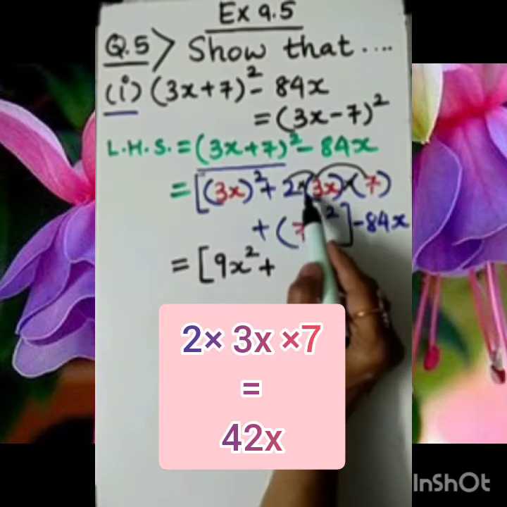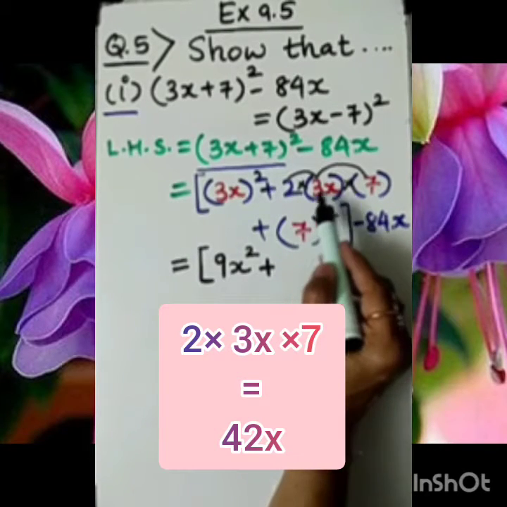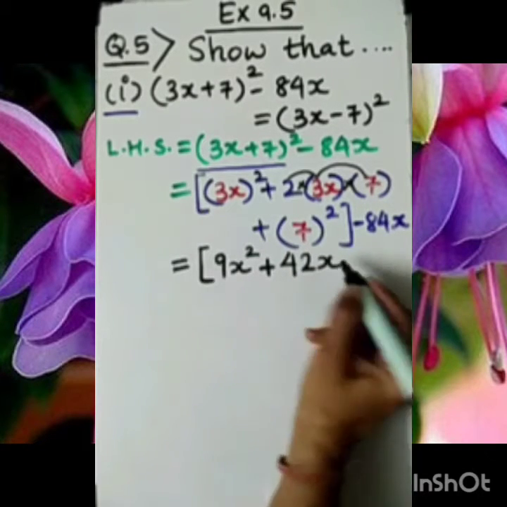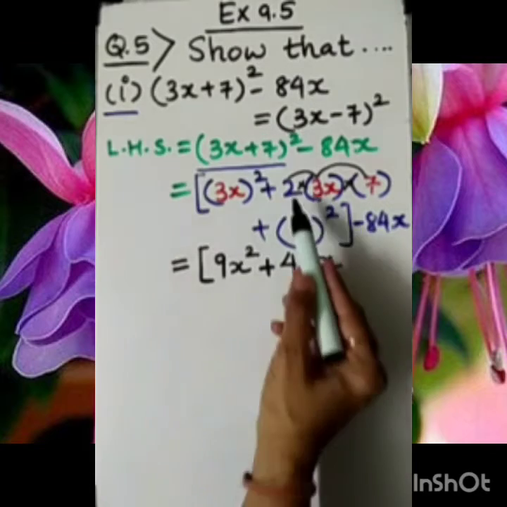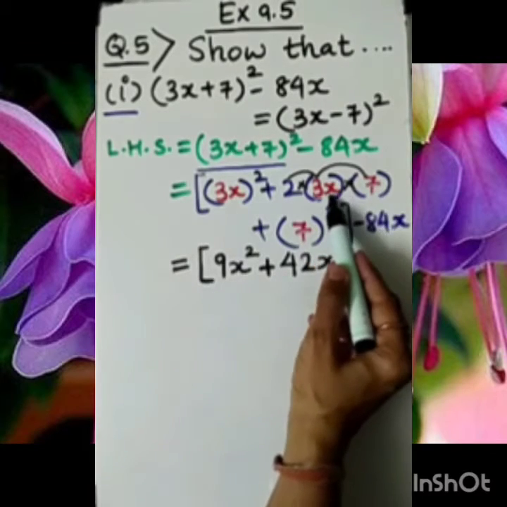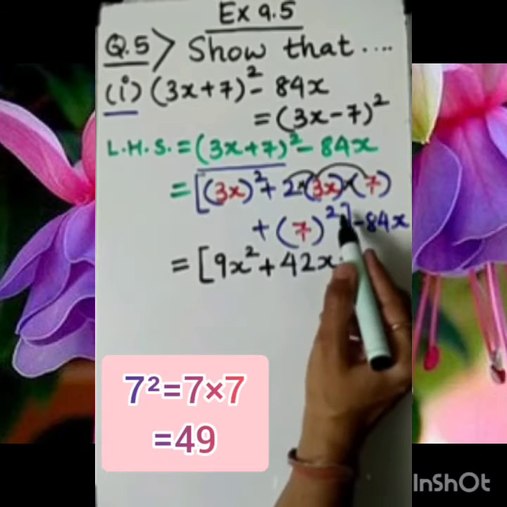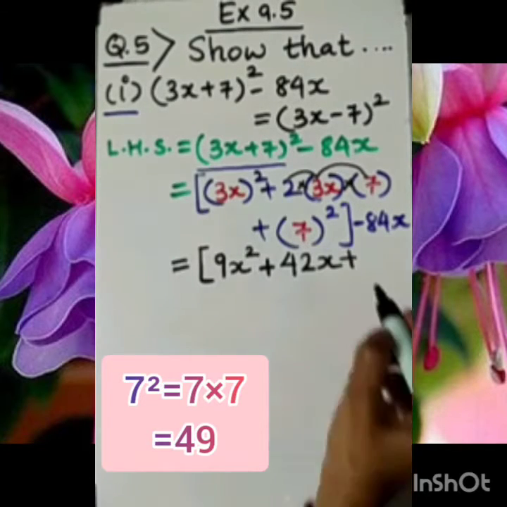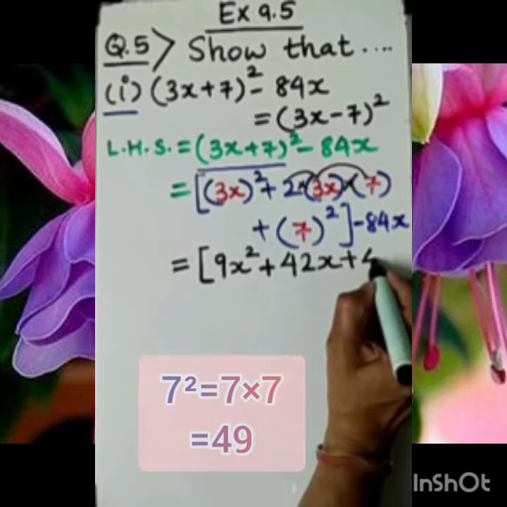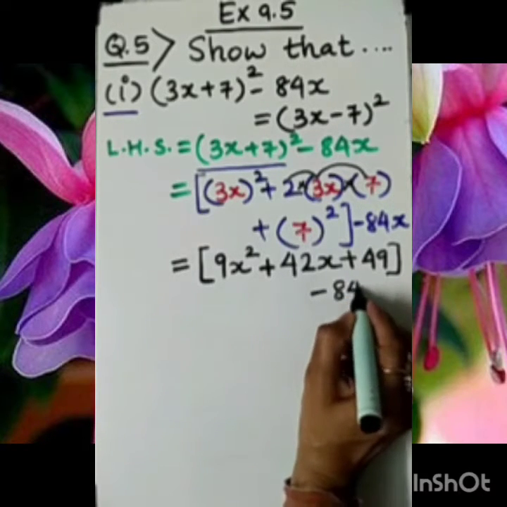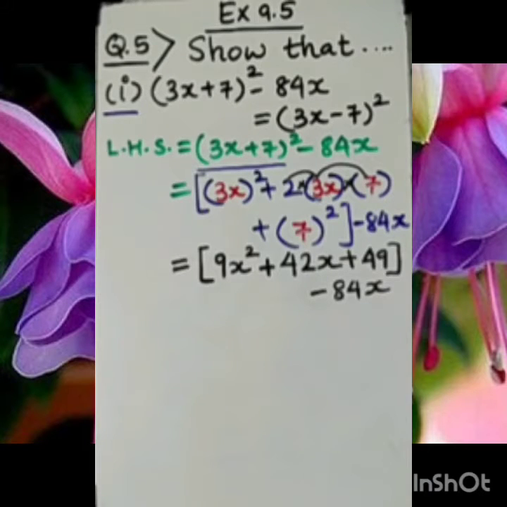So 2 times 3 is 6, 6 times 7 is 42. So I need to mention 42x. Plus, what is 7 square? 7 square is 7 into 7, that is 49. Fine. Minus 84x is already there, an extra term.